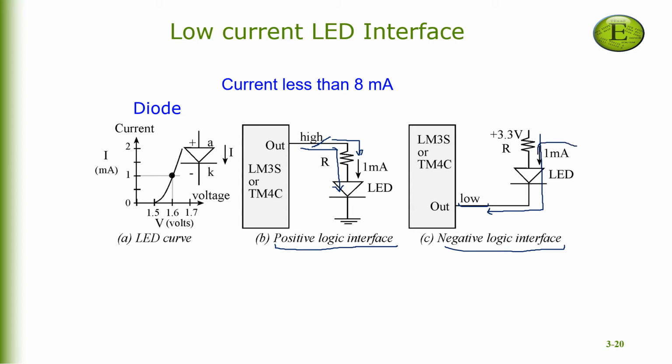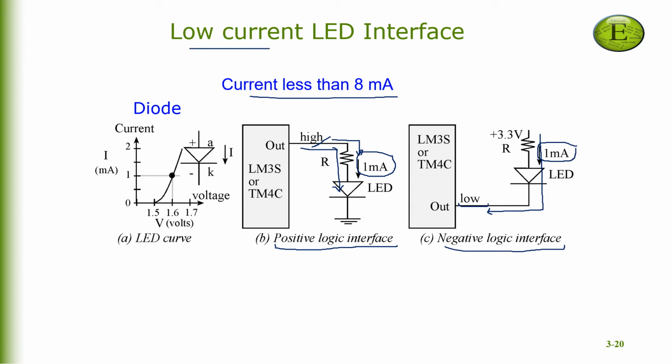In both these examples, the current was small, 1 milliamp only. As long as the total current that the microcontroller needs to provide or sink is less than, in some cases, 10 milliamps, but we have to look at the exact numbers in the data sheet, within that range the microcontroller can safely drive an LED.